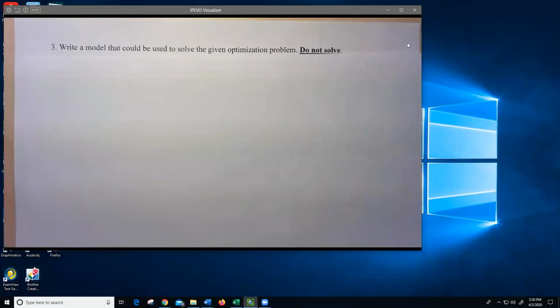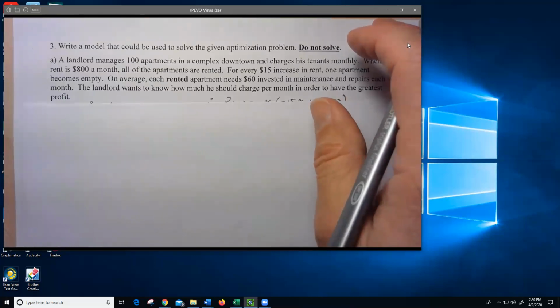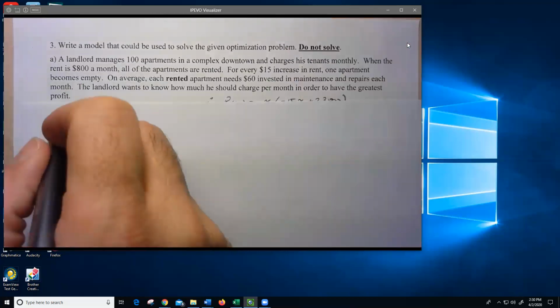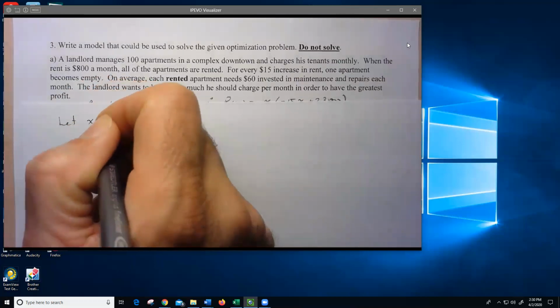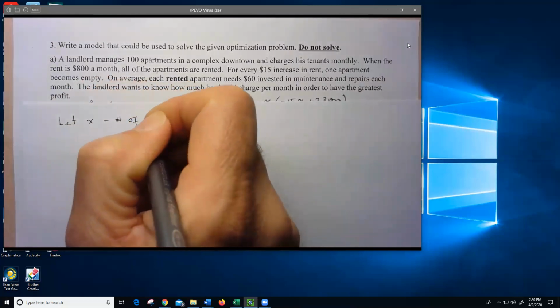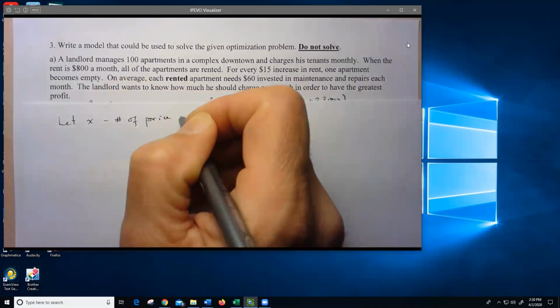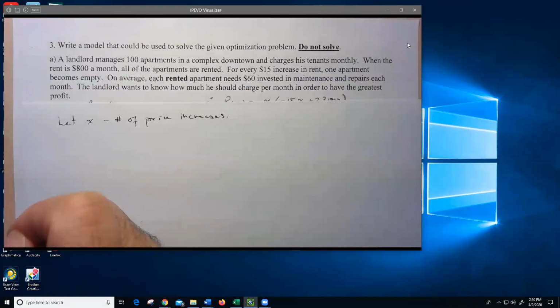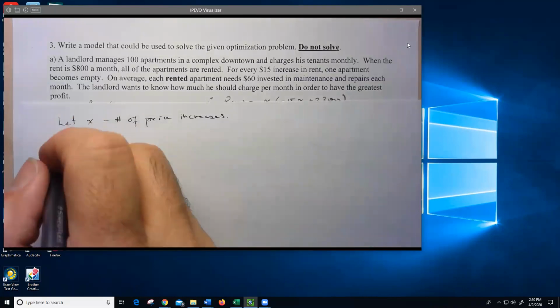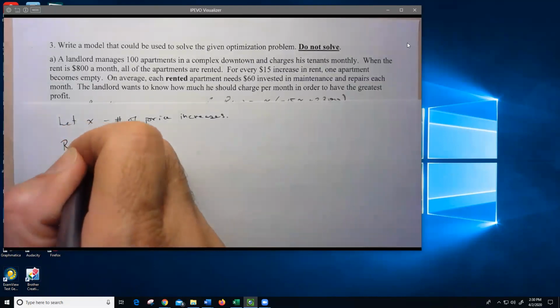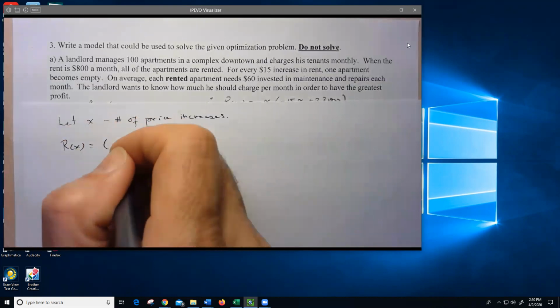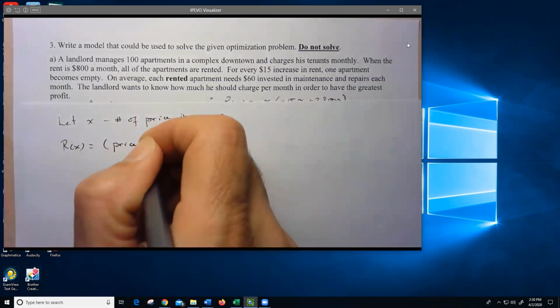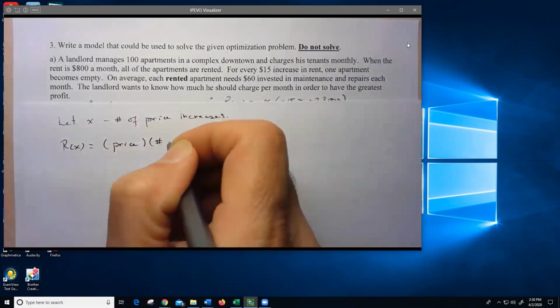Now, the other option here, the one you likely would have seen back in grade 11, is to say, let x be the number of price increases. If you're trying to determine your revenue, it's still going to be the price times the number of units.